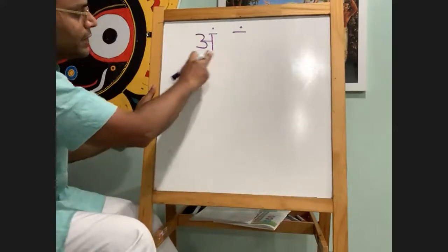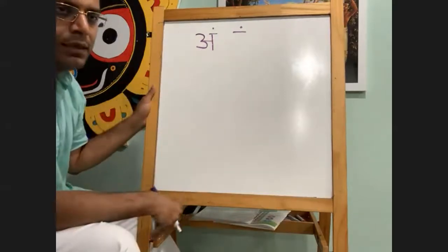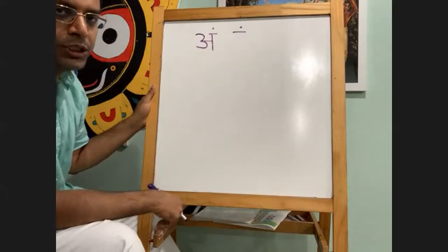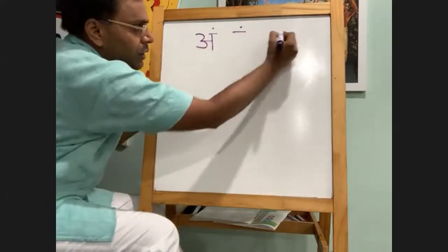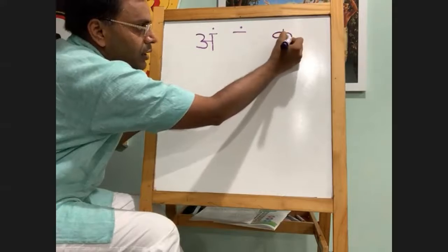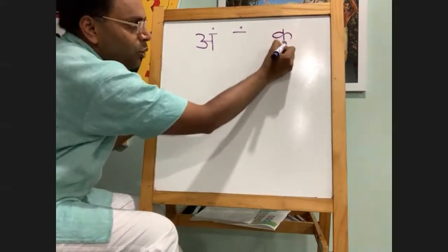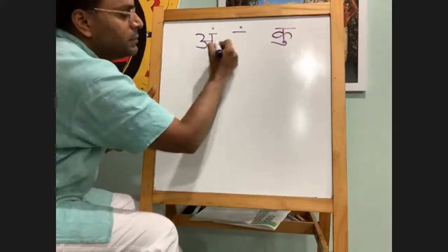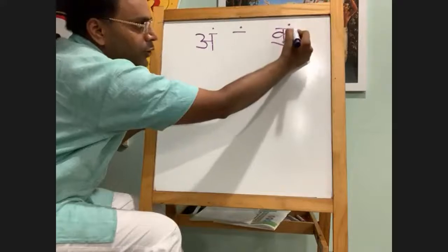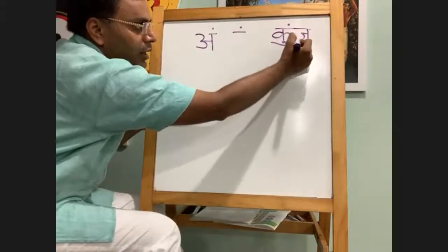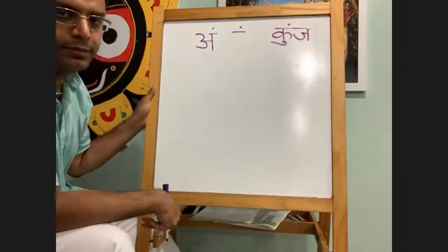Angur is the first letter itself, so this will come as it is. But then Kunj: Ka plus U, the sound comes as a dot on top. And then Ja. So Kunj.